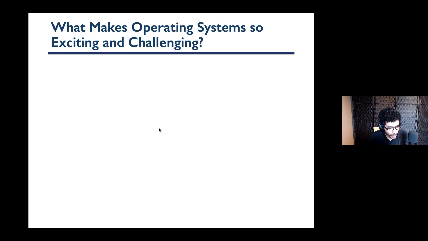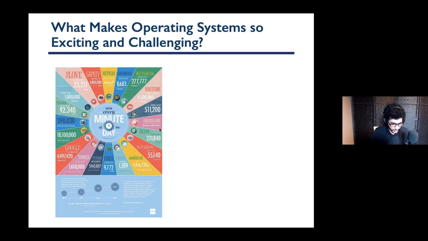Let's talk about what makes operating systems so exciting and challenging. This is a picture, I think, from 2019, showing every minute of every day. You can see really interesting numbers. If you look at YouTube, for instance, YouTube users watched 4,500,000 videos per minute in 2019.